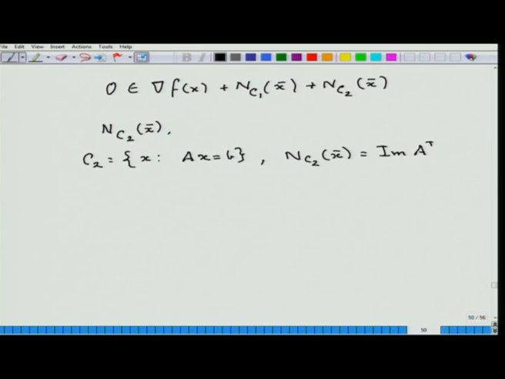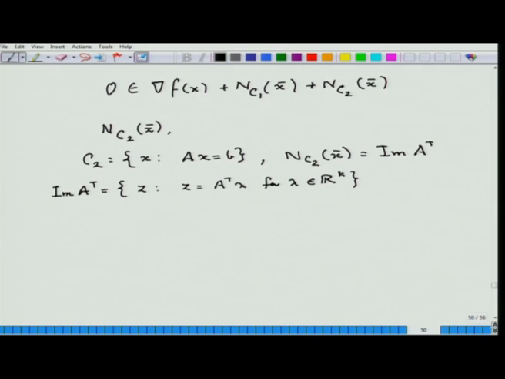And in order to do so, how would I go about doing so? So, what is the image of A transpose? It is the set of all z such that z is equal to A transpose lambda for lambda an element of R^k.